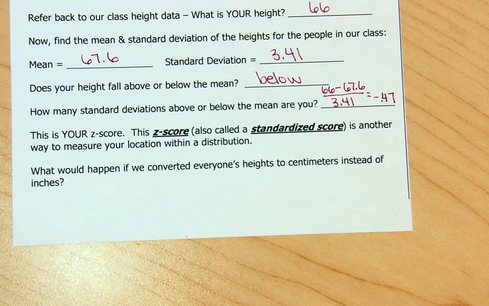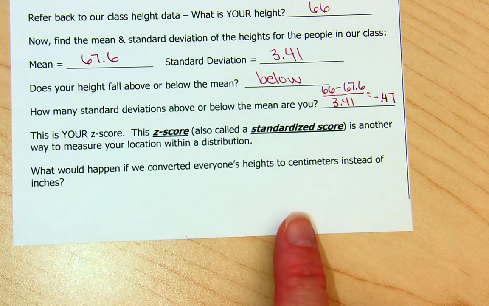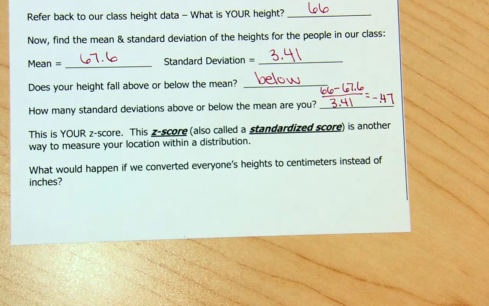That allows us to compare apples to oranges. We can compare things from 2 different distributions to see how they did in relation to the other people in that distribution. So these are used really often. It's an important thing. We're going to be using this throughout the rest of the year, doing z-scores and this type of calculation.